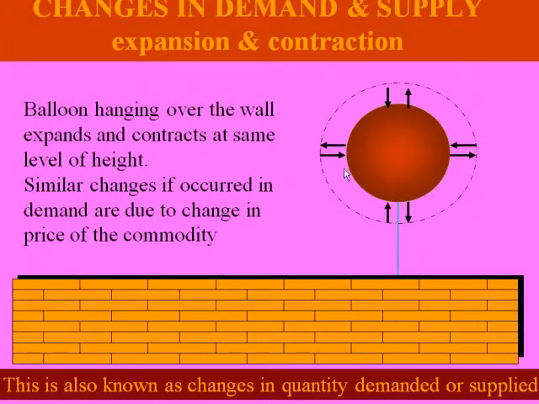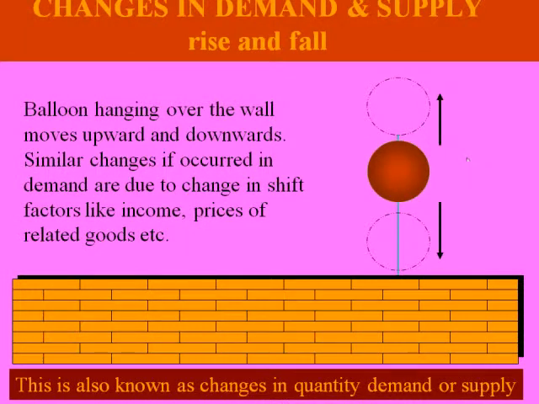So this is one type of change in the size of the balloon, and this is called expansion and contraction. The second case is that the balloon is leaving its place upward or downward. If we release this thread, it will move upward, and if we pull this thread, it will go down. So in this case, the balloon is leaving its place.